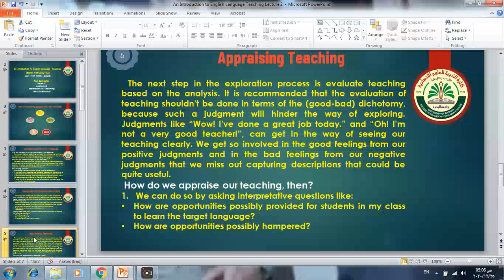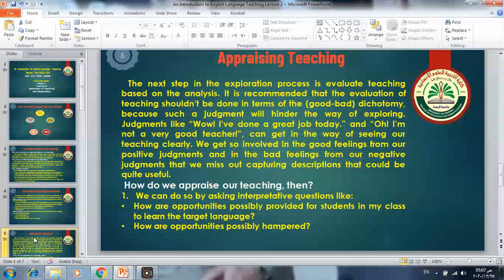So we should avoid giving positive or negative judgments, because the good feelings resulting from positive judgments and the bad feelings resulting from negative judgments will block us from seeing what is really going on inside our teaching, inside our language classrooms. So the question is, how do we appraise our teaching then?